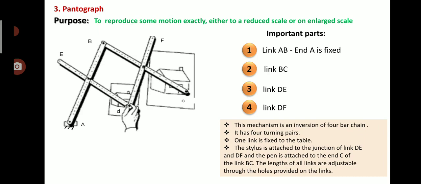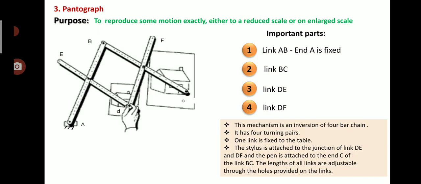The stylus is attached to the junction of link DE. You will see link DE, and to that a stylus, a pencil, is attached, and DF, and the pen is attached to point C of the link BC. The lengths of all the links are adjustable through the holes provided on the links.